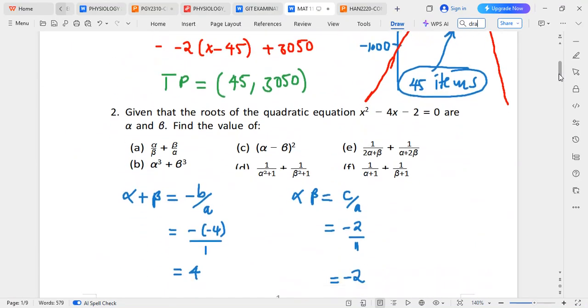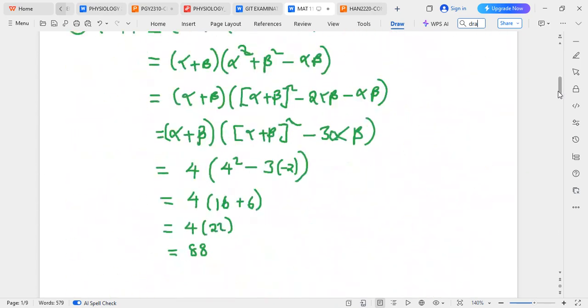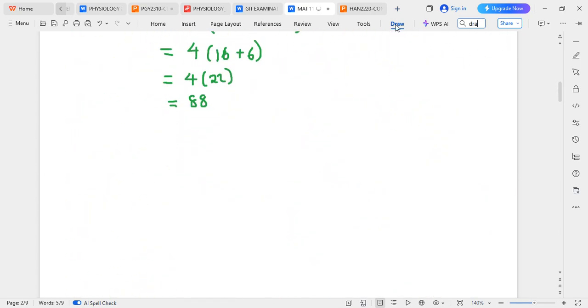The next one, let's answer C, alpha minus beta squared. So alpha minus beta squared is the same as expanding it, because you can't deal with something that has a minus.